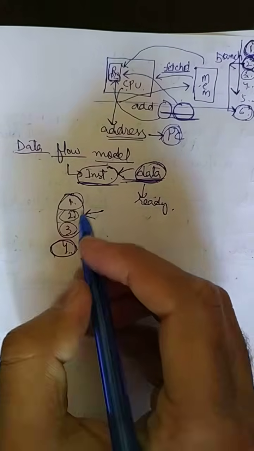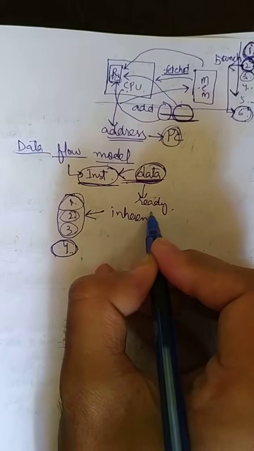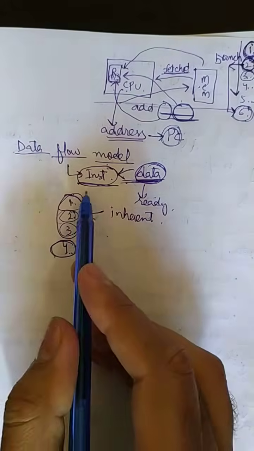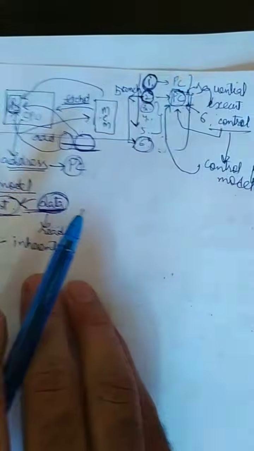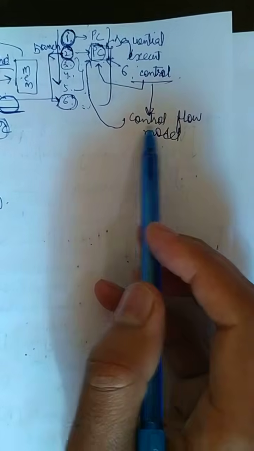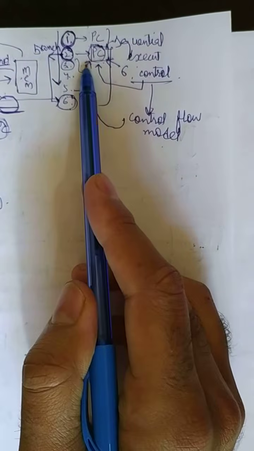We can see here that there is inherent parallelism in data flow model. Because if multiple instructions have data ready, then they will get executed. But in the control flow model, only that particular instruction is executed whose address is stored in the program counter.